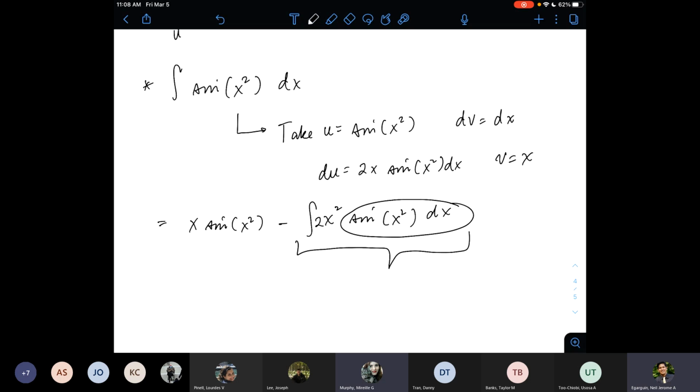To integrate that, wouldn't you put u equals x squared? So that way it's du equals 2x? Well, yeah, you can do that, but if you let u be equal to x squared, then you're right, du is 2x dx. But my reservation is that I have a sine of x squared. So basically, I can take 2x to be my du, but I have an x still remaining, right?